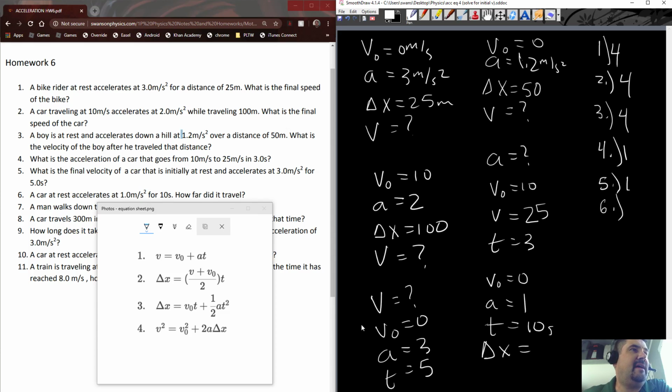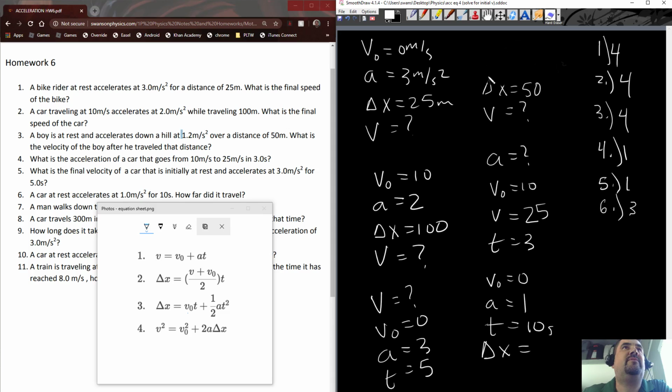It's the only one that's got a delta x and a time. This one does too, though. And initial velocity. No, maybe it's this one actually. It is this one. Yeah, because this one does not have acceleration in it, and I don't know the final velocity, so I wouldn't be able to use it. So it's definitely number 3.